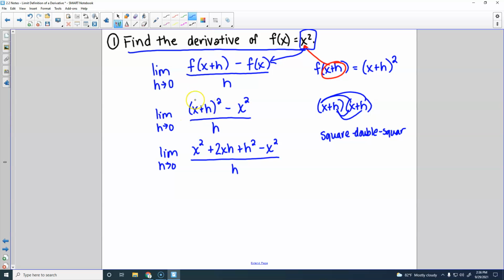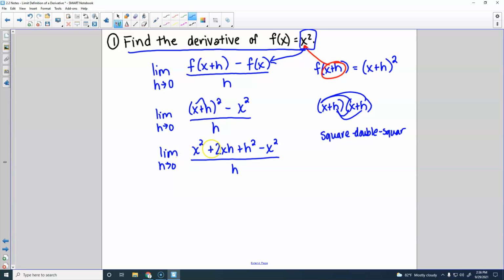Whenever you're trying to multiply out this binomial, the two things that are added together there, you would square the x term, which would make it x squared, because right now it's just x to the first power. Then for the double in the middle, you multiply these two together, which gives you x times h, and then you double that, which means to multiply it by 2.